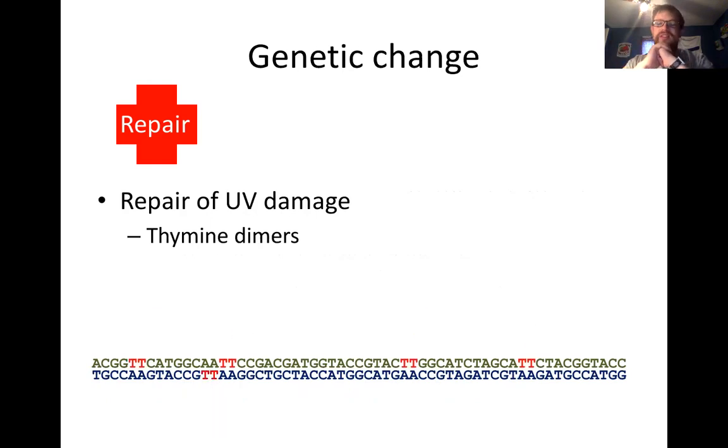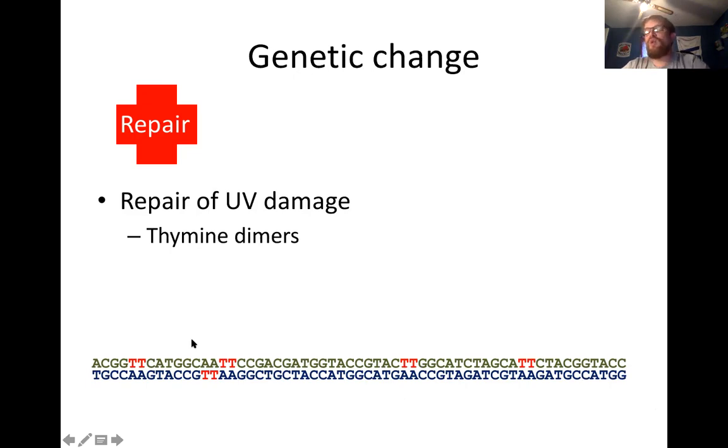That means all these T's that are highlighted red, all these thymines, are now actually stuck together with covalent bonds, right? It's not the bond with the anti-parallel strand. It's the thymines that are bound together within the same strand of DNA.